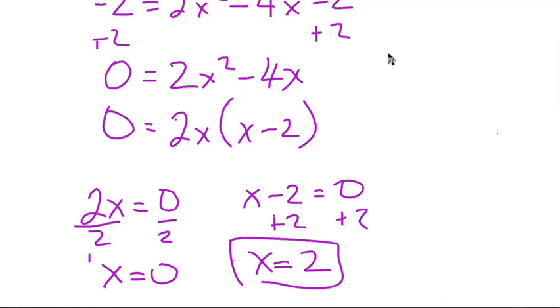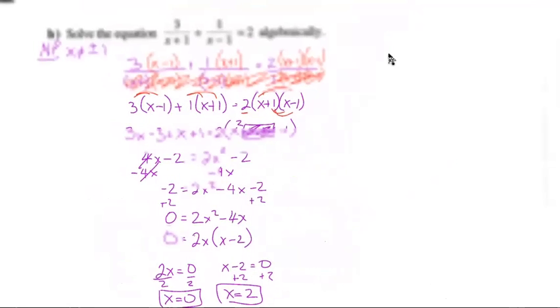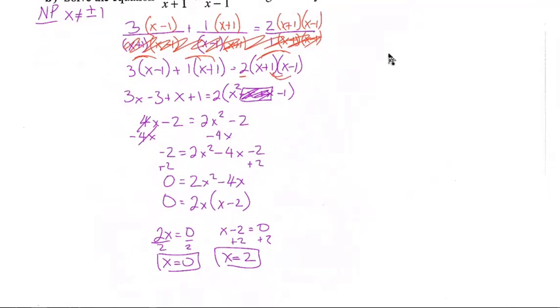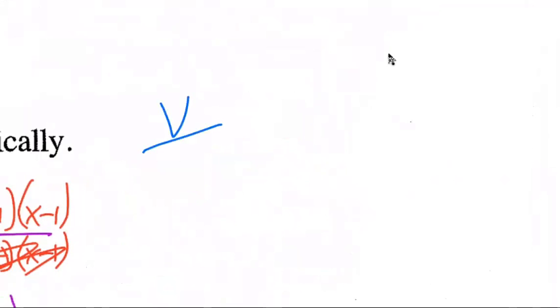Make sure those are not our non-permissible values. They're not our non-permissible values. Those are my solutions, but I would still need to verify them both, okay? So over somewhere else, maybe on scrap paper, I'll switch colors. I'm going to verify x equals 0 first.